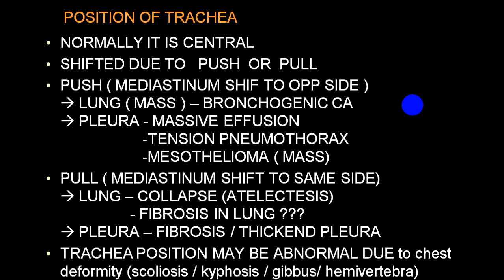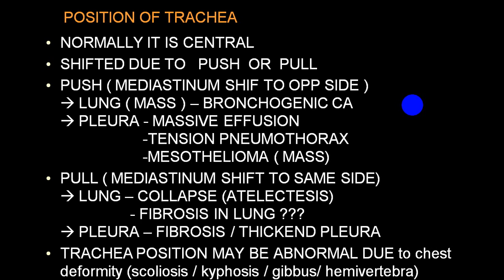In a normal person, the trachea appears a little towards the right side, but whenever it is grossly to the right side or grossly to the left side, it is either because of a push or a pull. Push is because of increased pressure on one side of the mediastinum, that is, the mediastinum is also shifted to the opposite side.